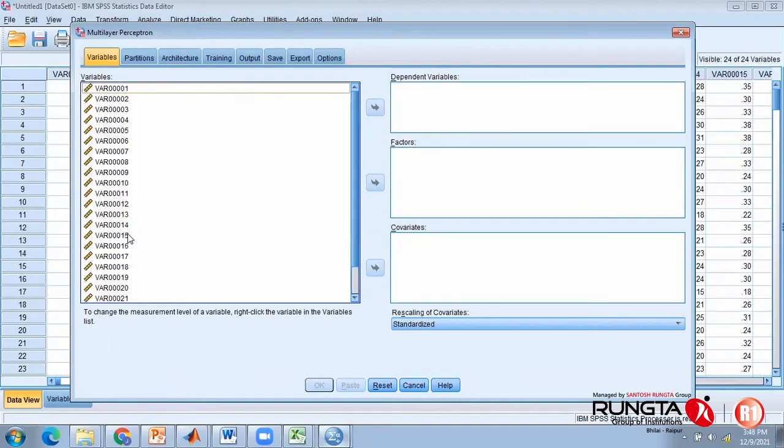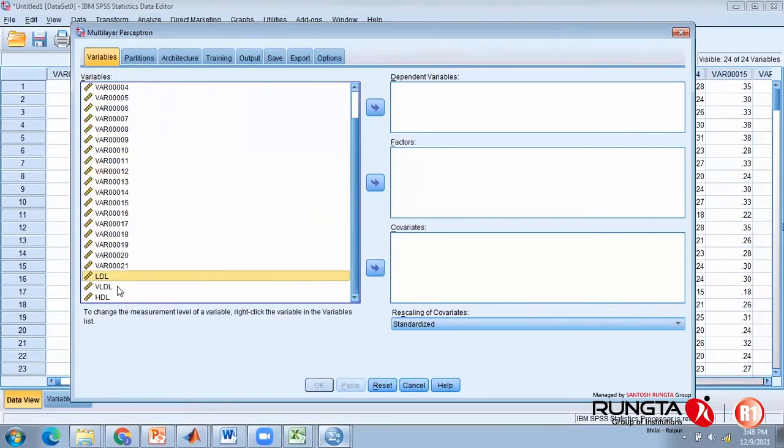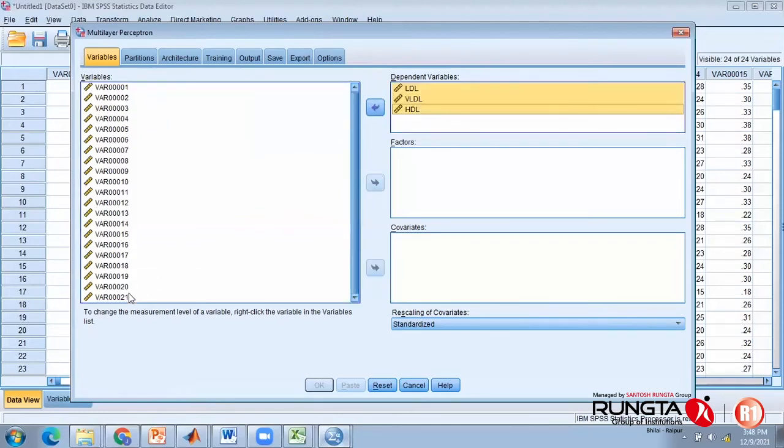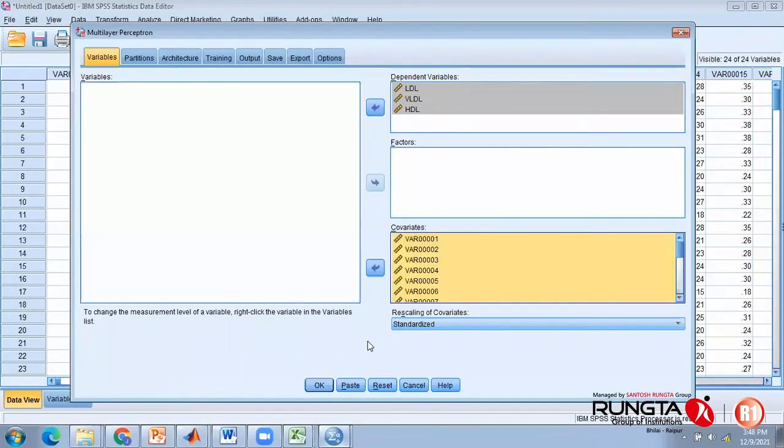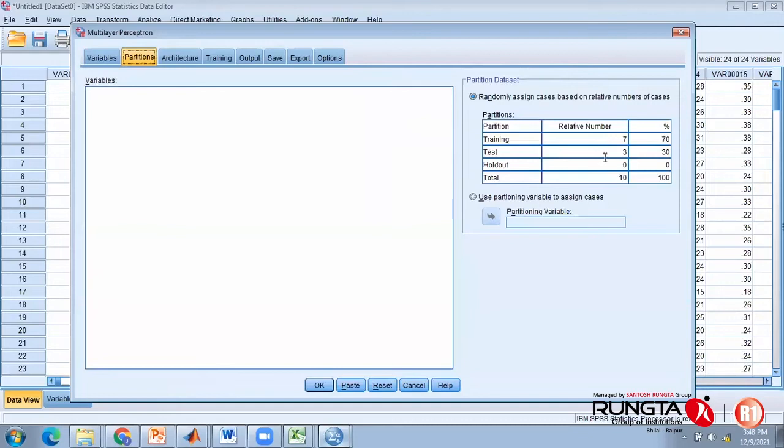Let me select all. We have 3 dependent variables, LDL, HDL, and VLDL. Let me transfer them. Simultaneously, I'm training the neural network for all 3 output variables. So this is how we have set up the problem in SPSS. Now let me go for partition, data division as it is.